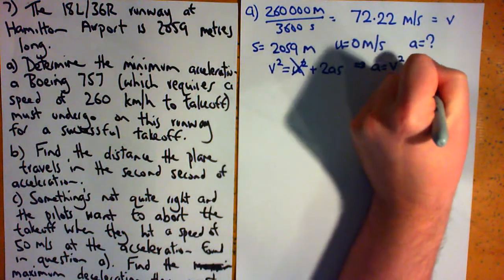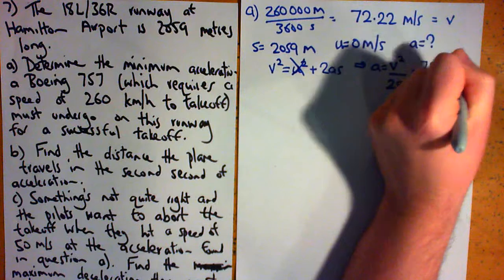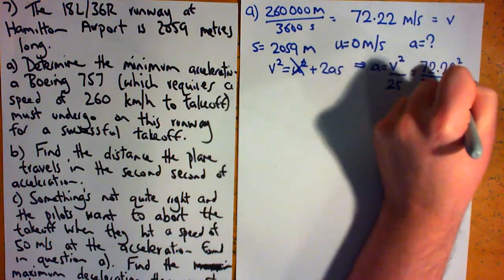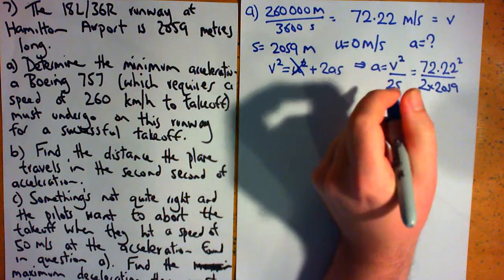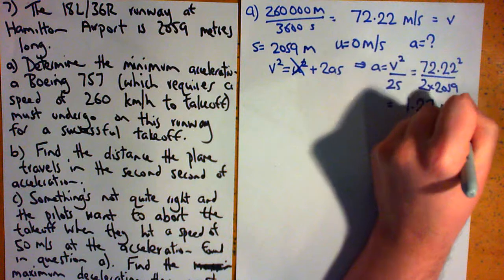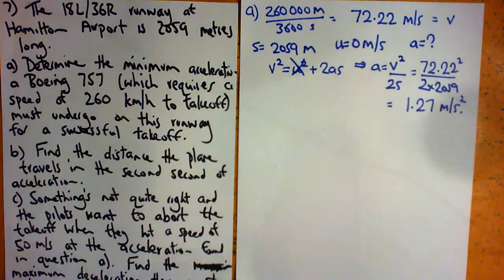If we calculate that, we get 72.22 squared divided by 2 times 2,059, and that gives us an answer of 1.27 metres per second squared. So that's the minimum acceleration that the Boeing 757 must have on the runway.